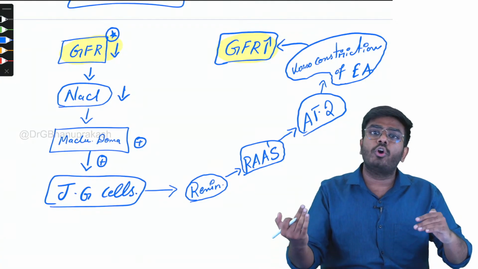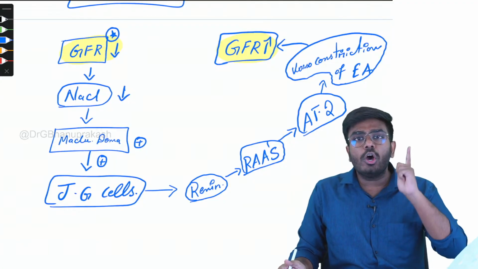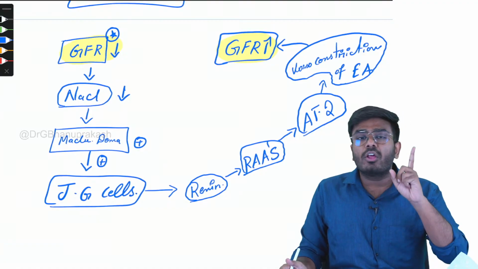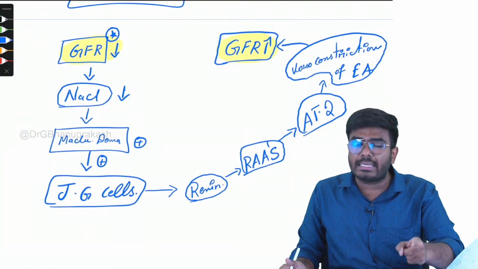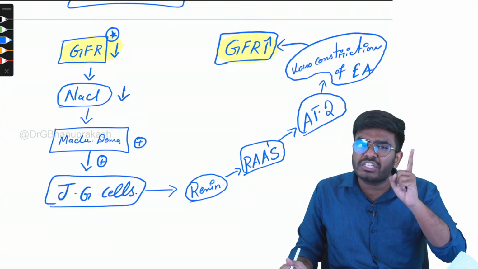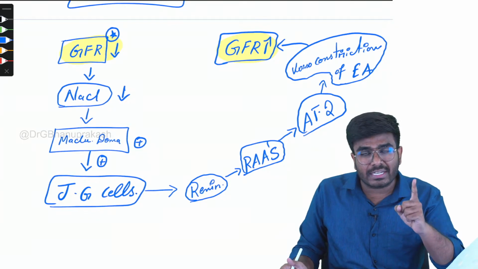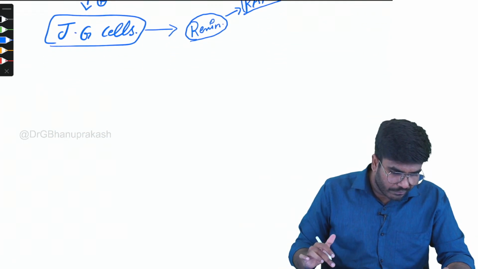So again, tubuloglomerular feedback. Two important MCQs: tubuloglomerular feedback is given by which structure? Macula densa. Macula densa is present where? In the early part of the DCT. Macula densa is sensitive to which concentration? Sodium chloride concentration.